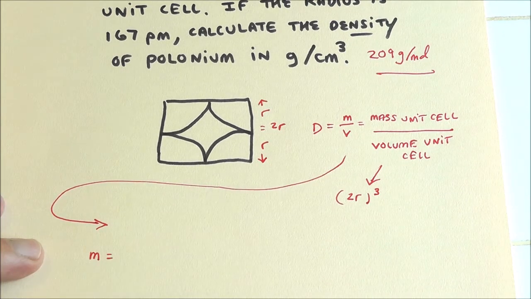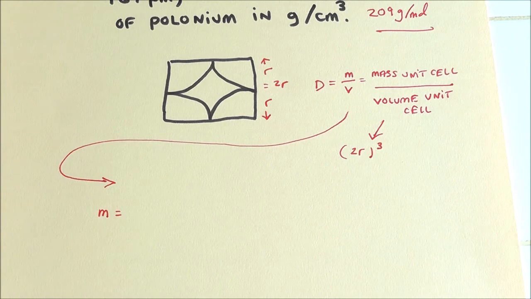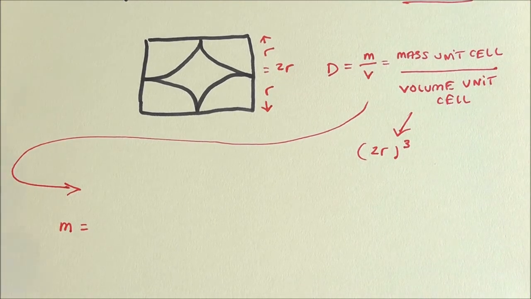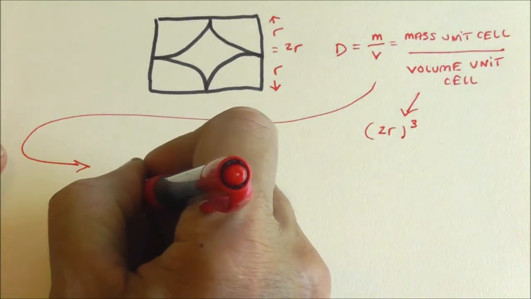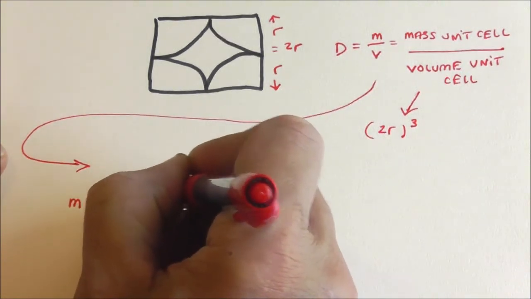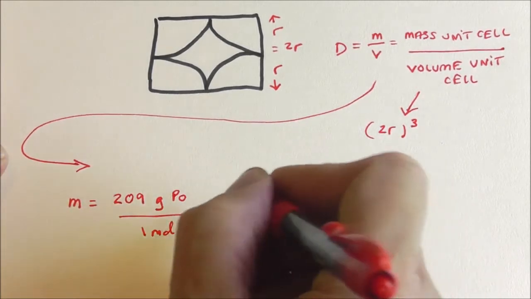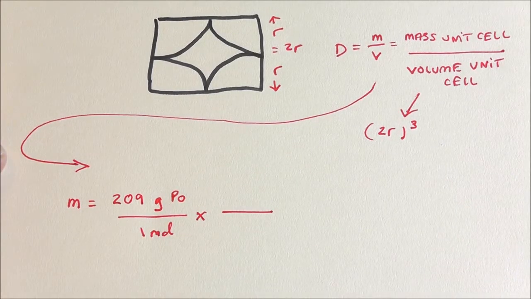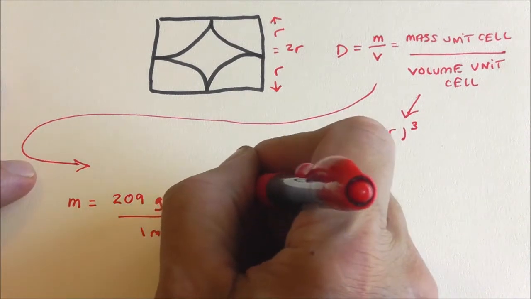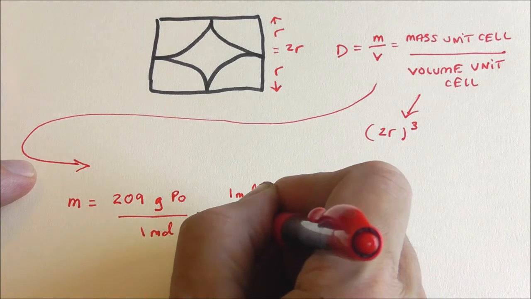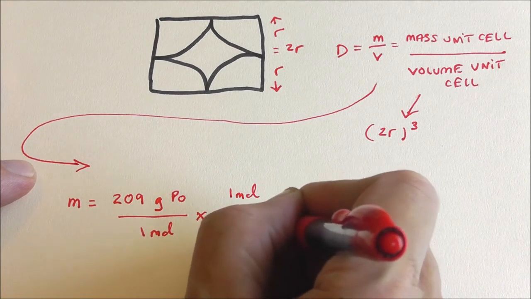M, mass. What I'm going to start with is the 209 grams per mole. 209 grams of polonium is 1 mole. You might recognize this next part. 1 mole is 6.02 times 10 to the 23 atoms.